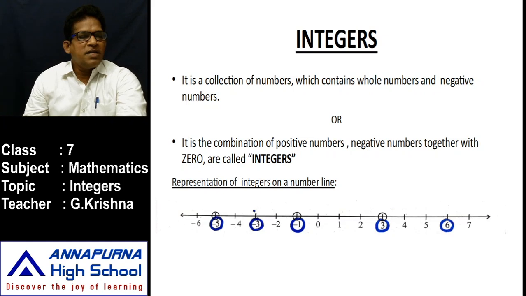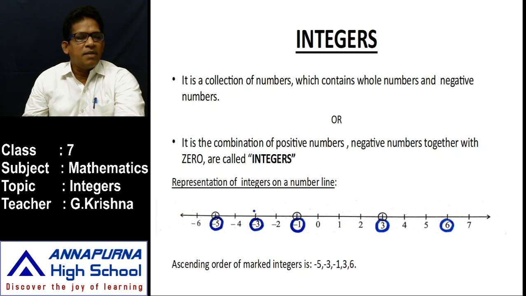Here the marked integers are -5, -3, -1, 3 and 6. Suppose I ask you to arrange the marked numbers in ascending order. Generally we will write it as -5, -3, -1, 3 and 6.